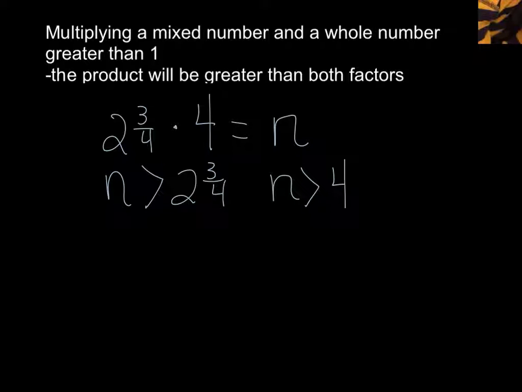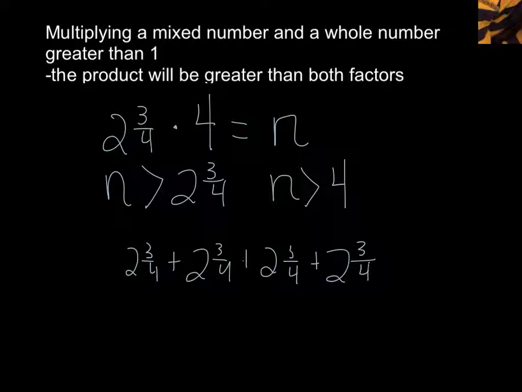And 2 and 3/4 times 4 can be thought of as 2 and 3/4 repeating 4 times. And if we are doing repeat addition, of course, adding that together 4 times would have to be greater than what it is by itself.